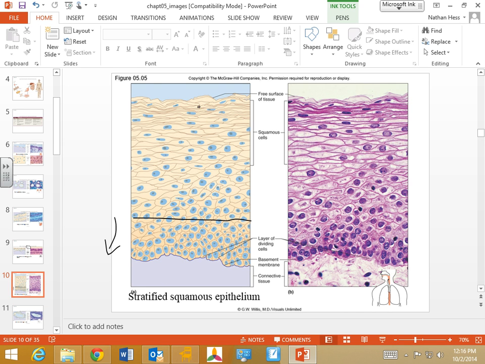All of these other cells are basically dead cells. Is that your skin? Sure, skin responds very similarly to this. Same kind of cells. So really what you see on the outside is totally dead. And why do we want these big, huge layers of cells? It's all about protection. That's exactly right.